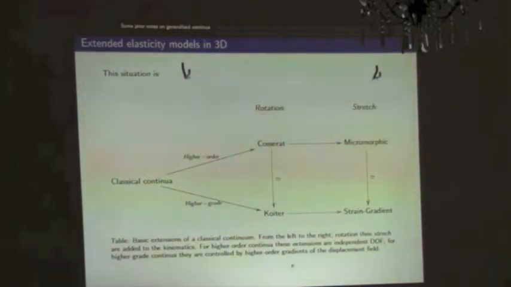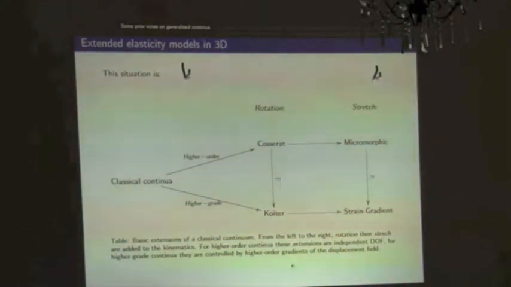And Cosserat and Koiter are related to local rotation. If you also attach other kinematic descriptors, which will be change in volume and change in the orientation of your director, you will obtain something a bit more complex, the micromorphic theory.